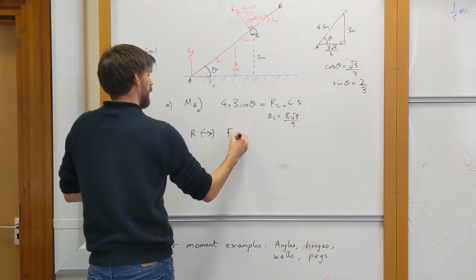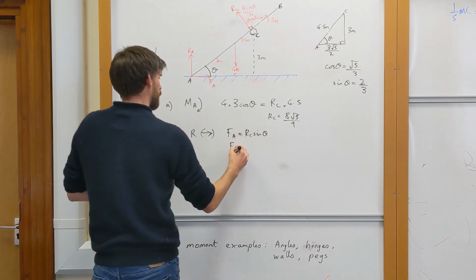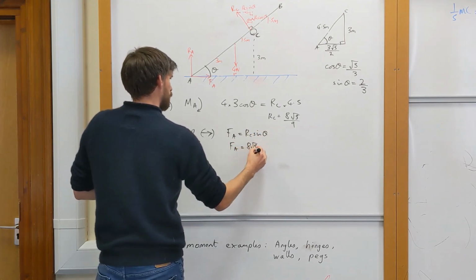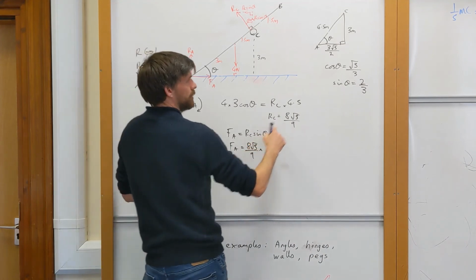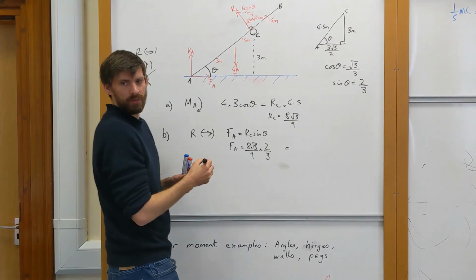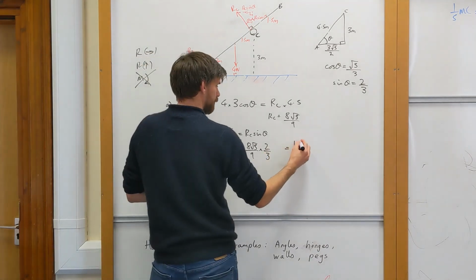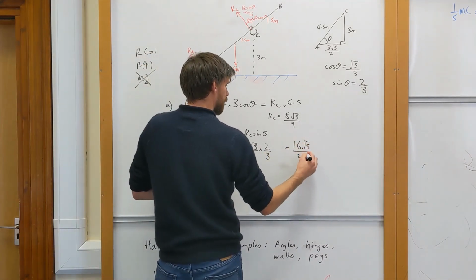So in other words, friction at A is equal to RC sine theta. So the friction at A is 8 root 5 upon 9 times by sine theta, so 2/3, which ends up giving my friction at A, where are we? Is 16 root 5 over 27.